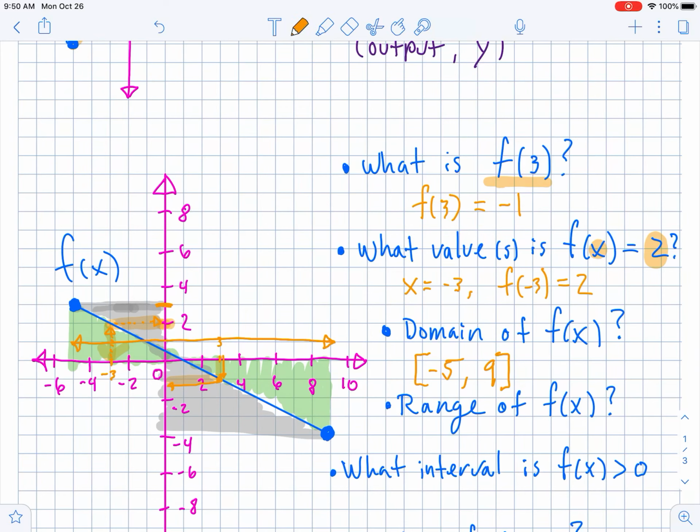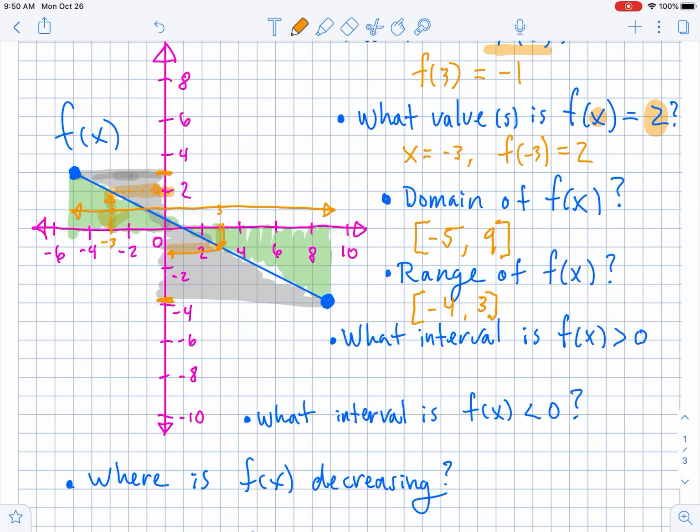So the range vertically touches at +3 and goes all the way down to -4. So if we write that in interval notation, it would be -4 all the way up to +3. And we're using hard brackets on this because there are no turning points or anything like that where that surfboard would be horizontal. So it's including those endpoints, and there are no open dots or anything like that.